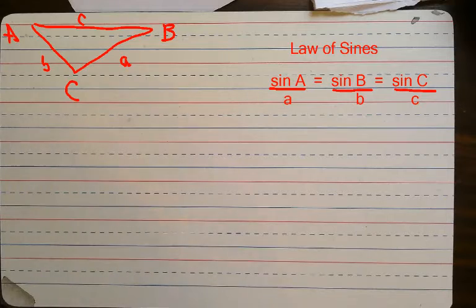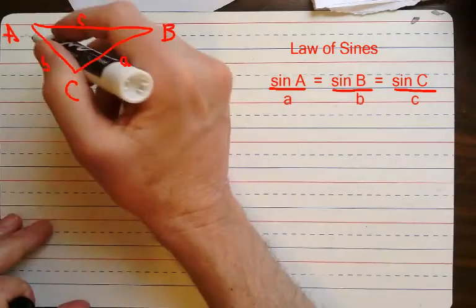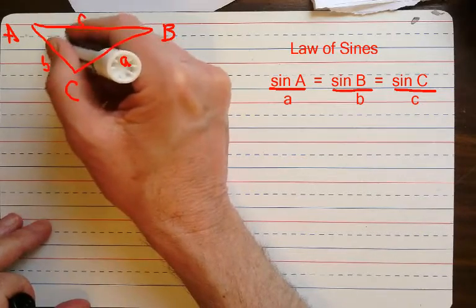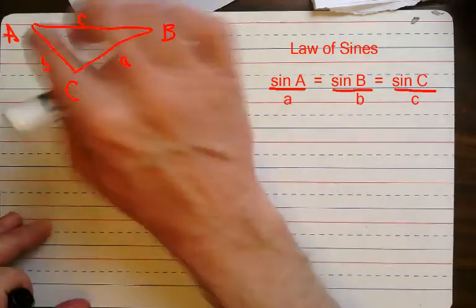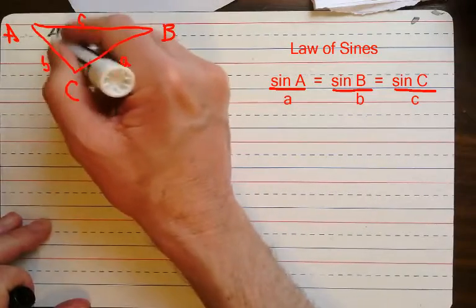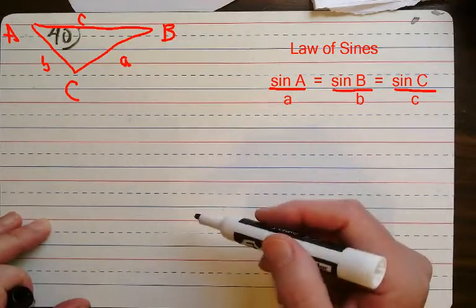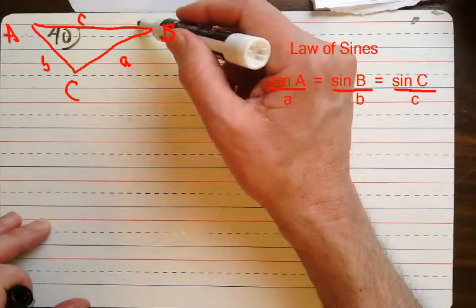So let's do one and see if we can solve the problem without any trouble at all. Let's look at this. This angle's 40. And then how about this angle over here?